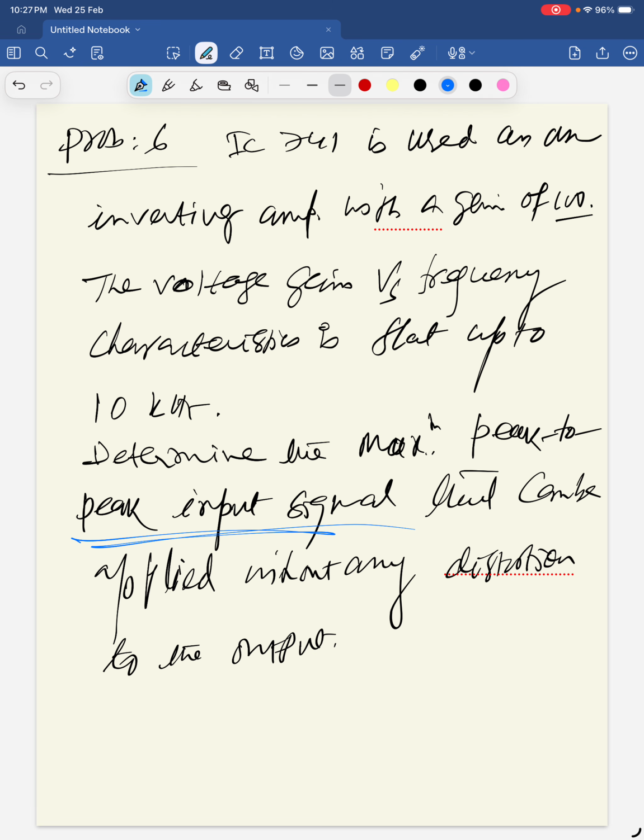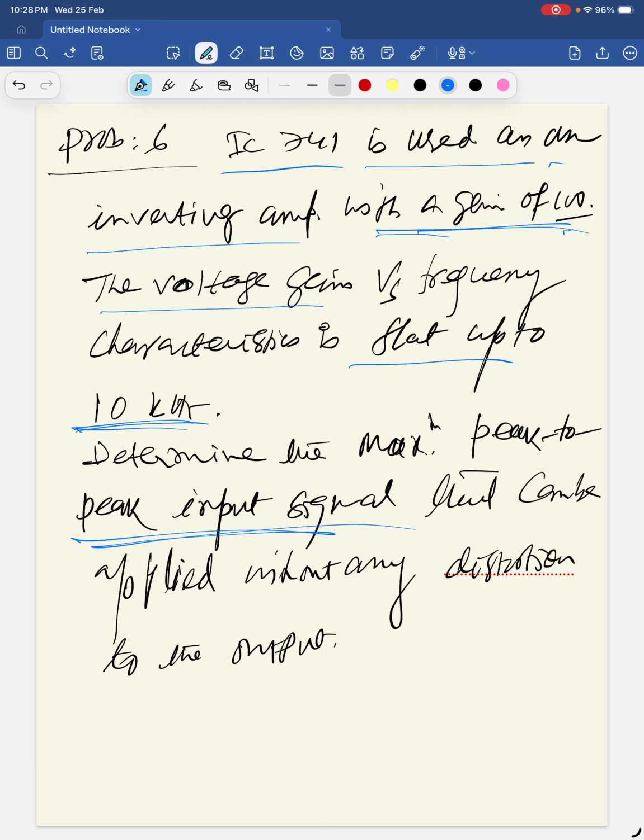Okay, so the parameters are given: the flat characteristics up to 10 kilohertz, voltage gain of 100. So all these parameters are given. IC 741 is mentioned, so in this case we can use slew rate 0.5 volt per microsecond, used in an inverting op amp with gain 100.